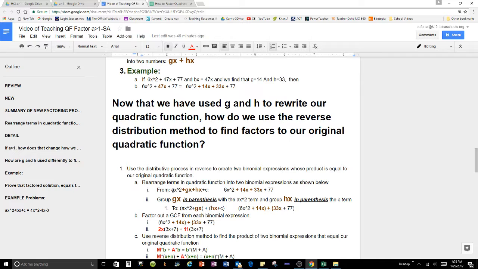So in general, whenever we break up our equation into gx and hx, the gx term, which comes from the 14x, is going to be grouped with the ax squared term.